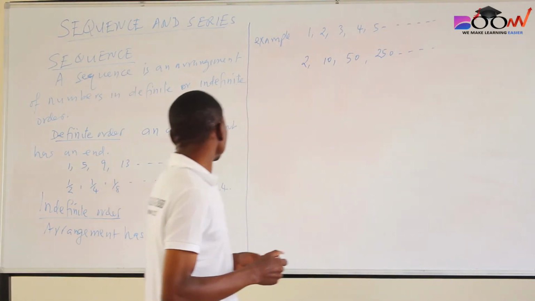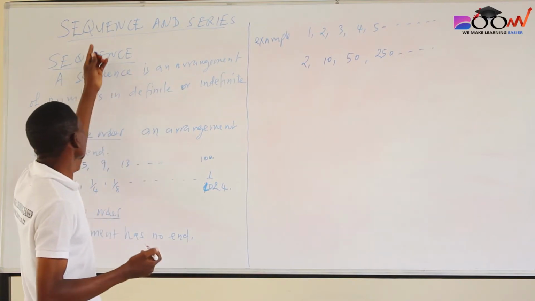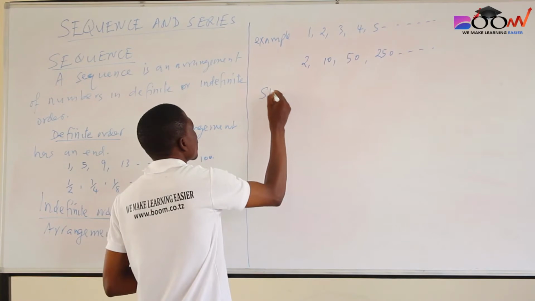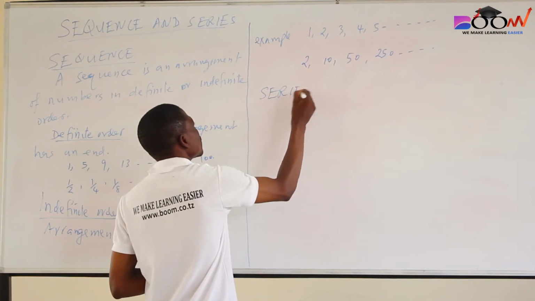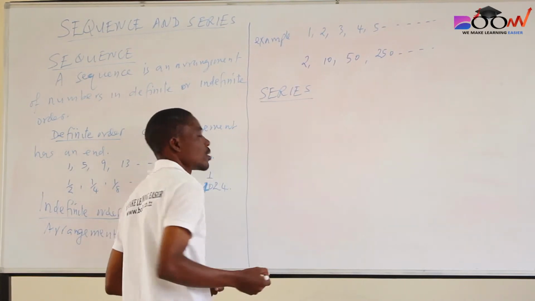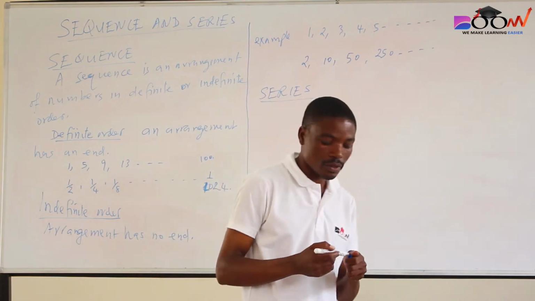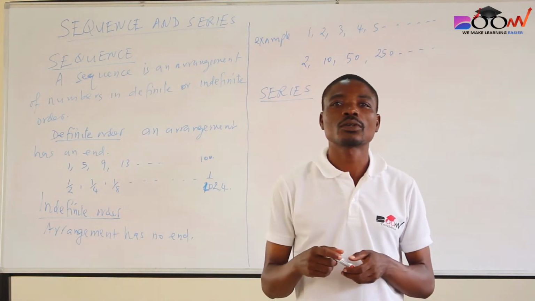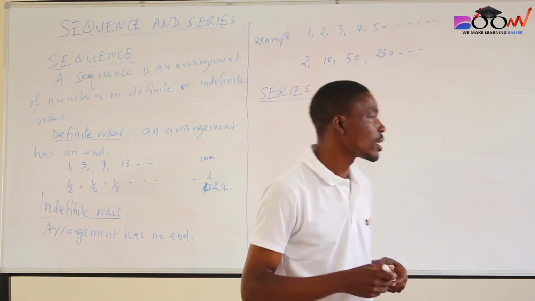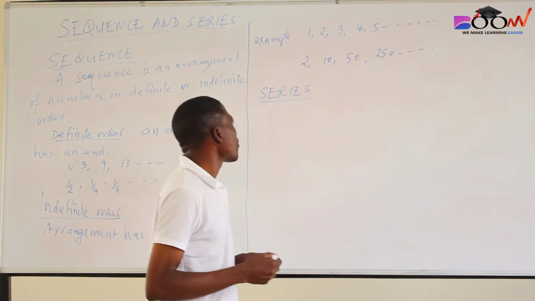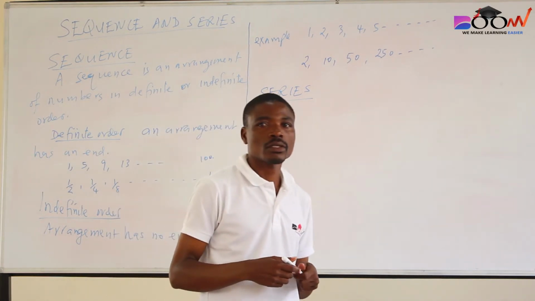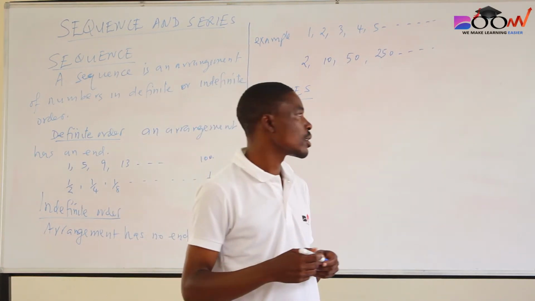But we have got two things: a sequence and a series. What about a series? A series is a sequence in which the numbers are arranged by using the addition sign, as if you are adding.